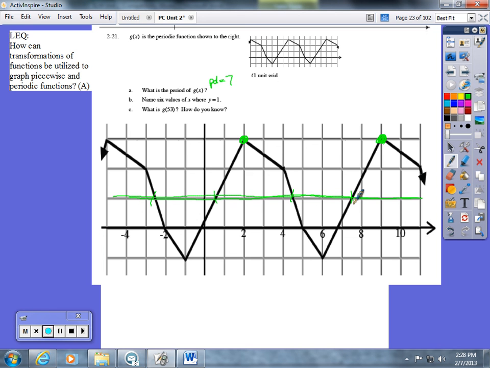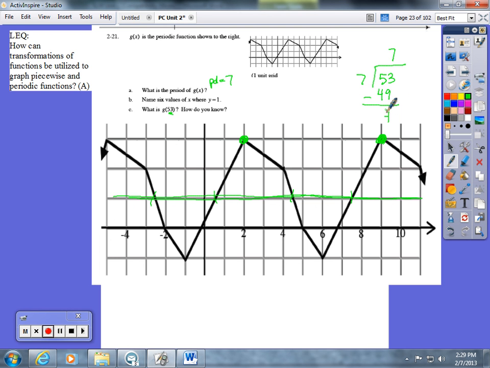All right? What is g(53)? How do you know? Well, we can't extrapolate this graph 53 units to the right. Draw that out. So there's a shortcut. You take the number you're trying to find, 53, and you divide it by your period. How many times does 7 go into 53? 7 times. But that's not the important part. The important part is the remainder. What's the remainder? 4.